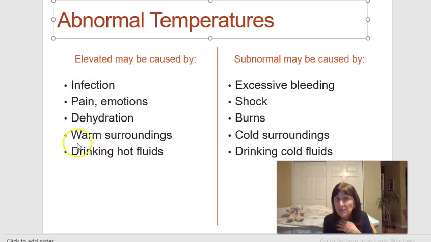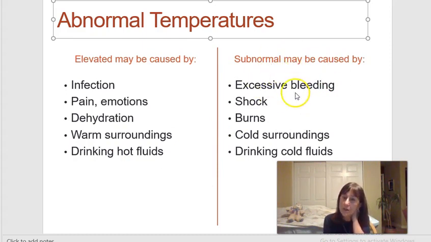Dehydration, warm surroundings. And if it's hot and we're covering people up with blankets, it's not a good thing. And then drinking hot fluid. If they're drinking a hot fluid, and you're taking an oral temperature, you're supposed to wait at least 20 minutes before you take that temperature. Otherwise, it's not accurate. They just drank some hot coffee or hot tea or hot soup.